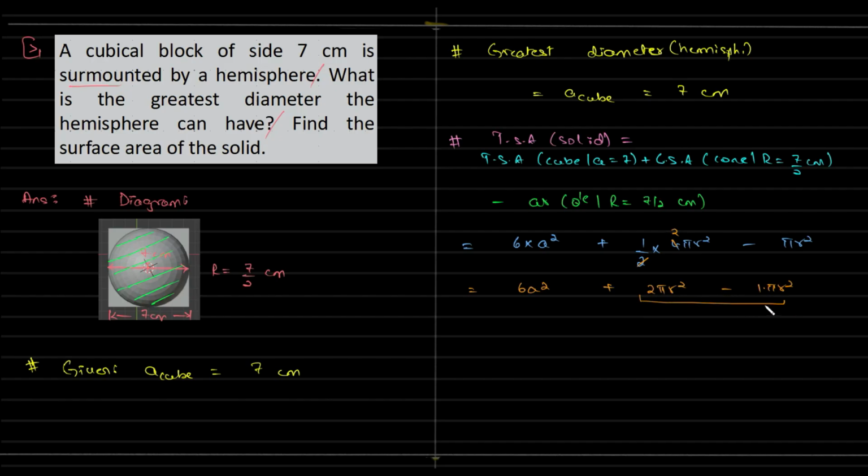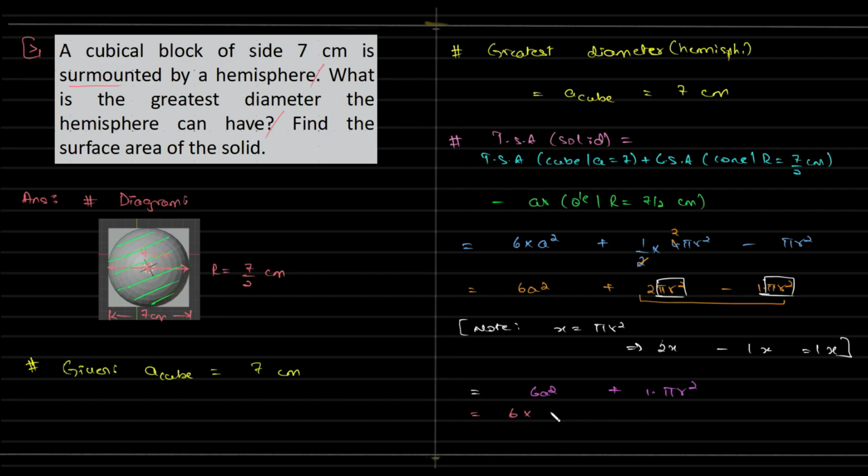These two are like terms, because if I take x as pi r square, I'll end up with 2x minus 1x. In place of pi r square, I'm writing x. So 2x minus 1x is 1x. So basically, this entire thing will reduce to 6a square plus 1 into x. In this case, x is pi r square. So it's not too difficult. I hope I made it easy.